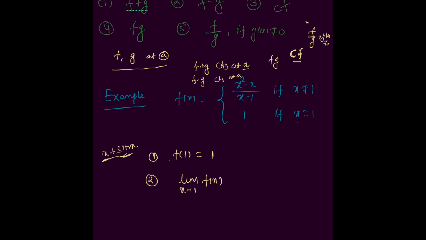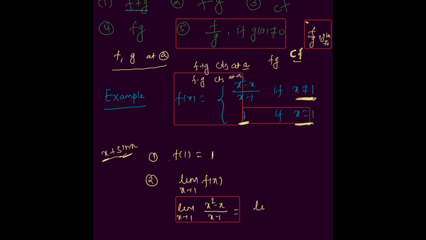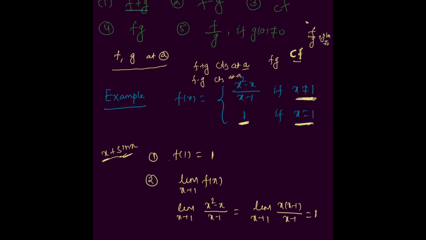Here, from the left-hand side and the right-hand side, this function will work; for exactly x equal to 1, the function takes the value 1. So the limit as x tends to 1 of x squared minus 1 over x minus 1 becomes the limit of x minus 1 times x plus 1 over x minus 1, which equals 2.